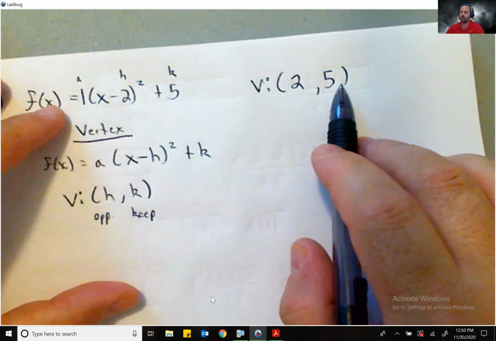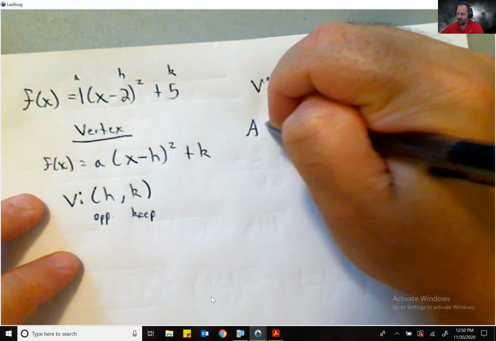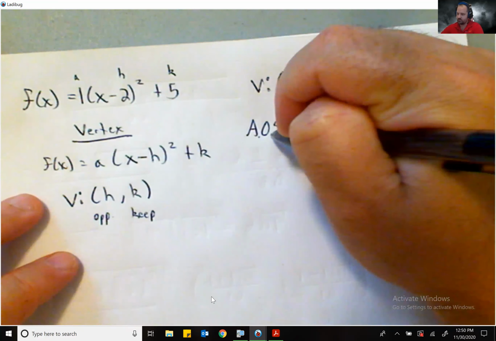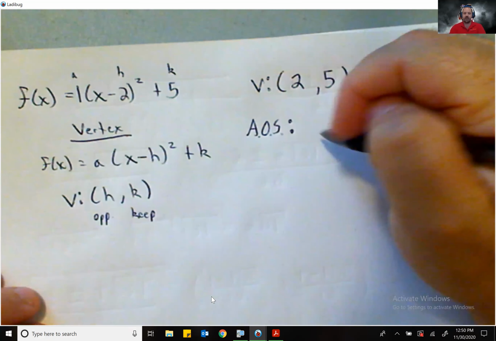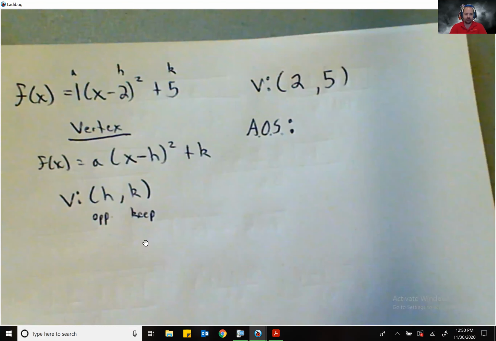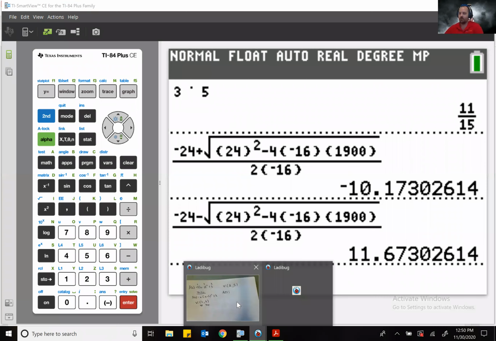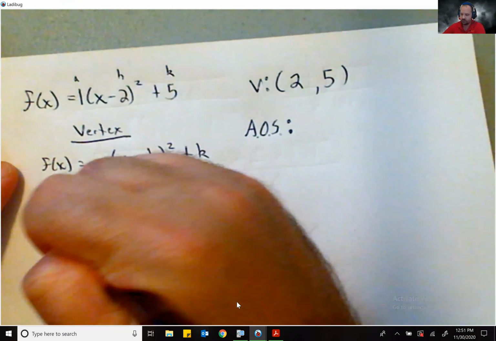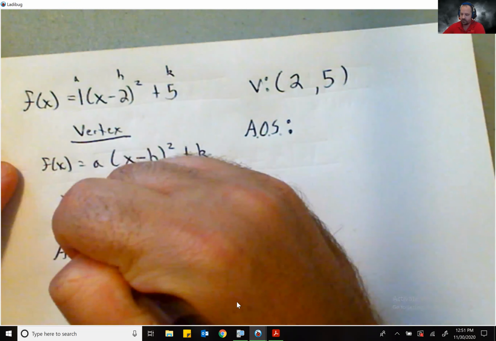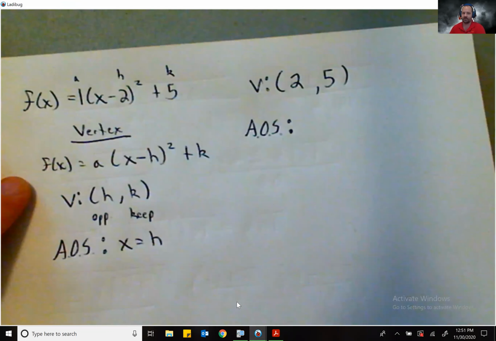Okay. Now, it also wants the axis of symmetry. I call that the AOS. The AOS is an equation. Good, and it does want you to type in an equation. And it's really easy to find that equation because all the equation is for the AOS is the x value from the vertex.